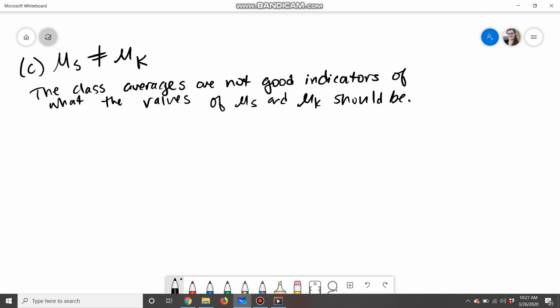Okay, so those class averages aren't really scientifically valid ways to interpret the data. We can also explain that scientifically, right?